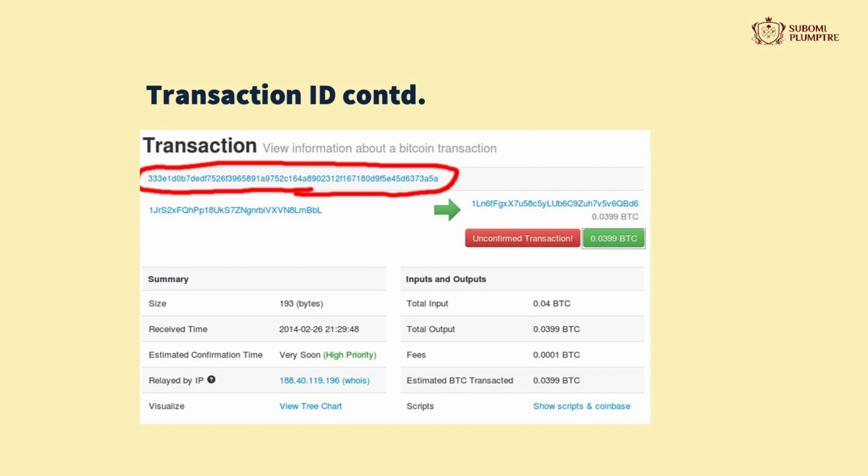If you refresh and come back in, say, 15 minutes, a lot of transactions would have gone through, because when there's huge traffic on the network, it takes longer for transactions to be confirmed, and you usually pay a higher transaction fee when the network is dealing with huge volume.